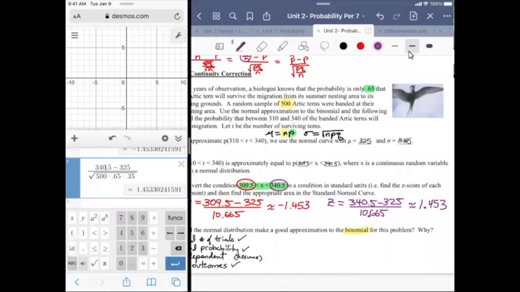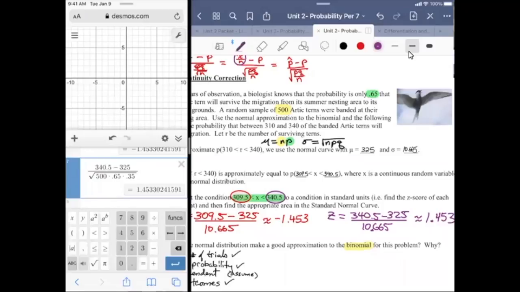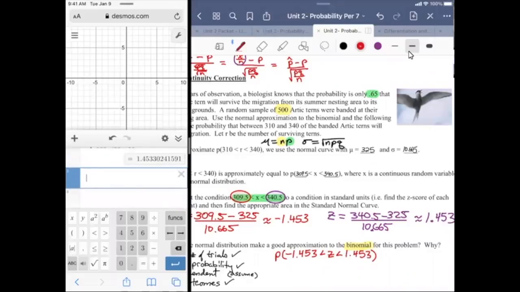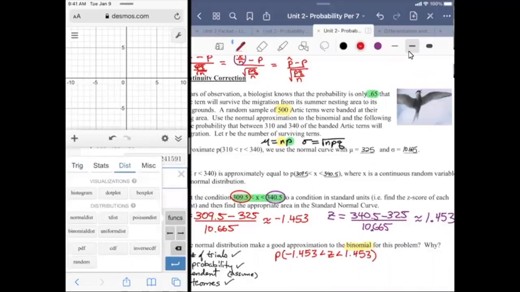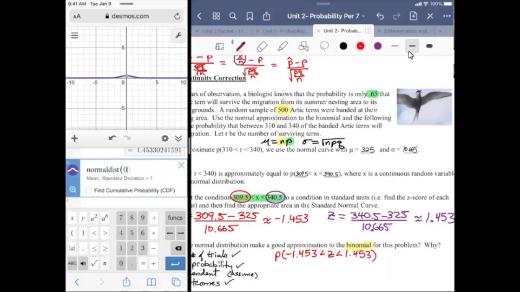So first off, I would want to know the probability that z is going to be between these two numbers. For that, I'll use a normal distribution function, with mean and standard deviation 0 and 1.